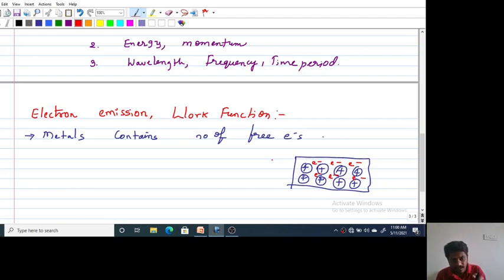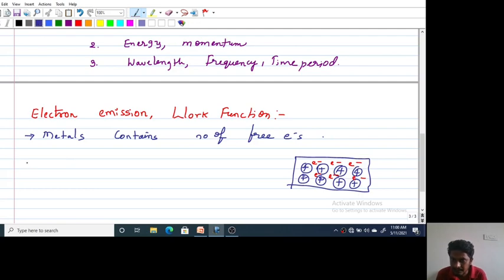They are free from the atom, but they cannot become free from the metal surface. So once again, metals contain a number of free electrons, and these are responsible for electrical conduction.